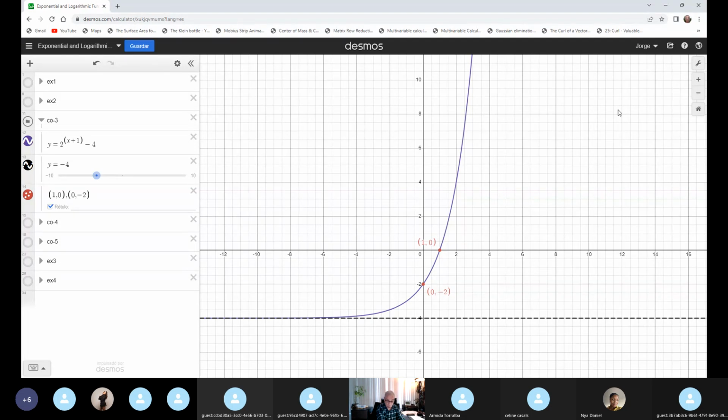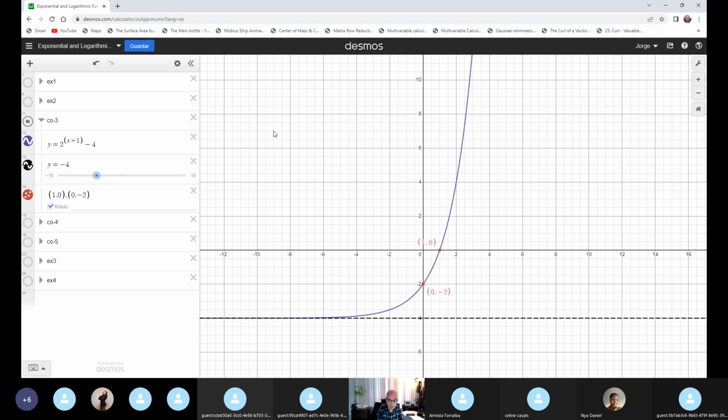And you see also the horizontal asymptote at y equals -4, because we have here extra -4 that produces the shift 4 units down, because it's negative. But I want to discuss in detail these two red points, 0, -2 and 1, 0.